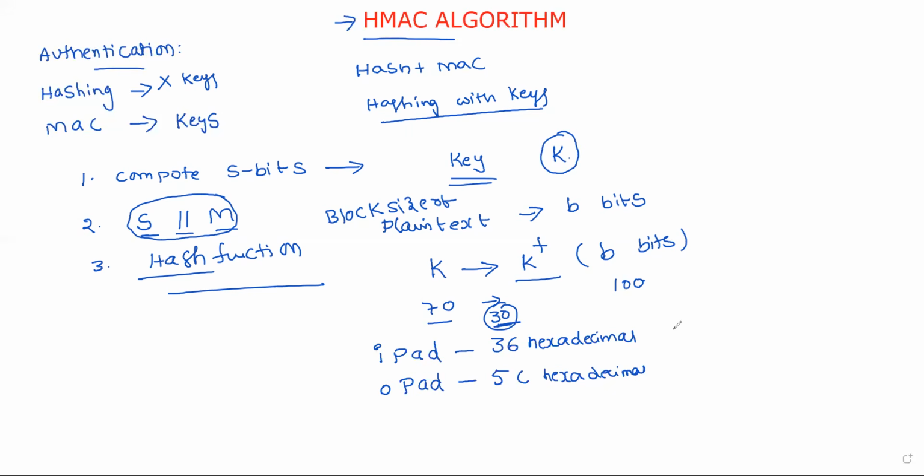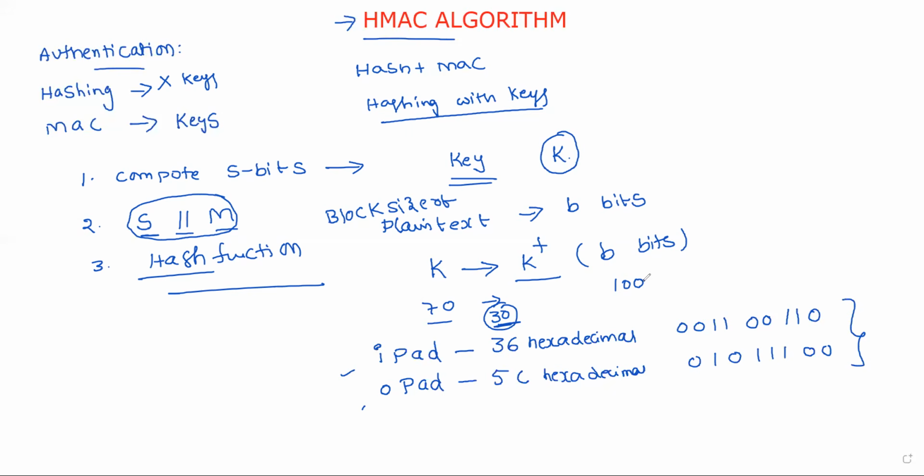For example, in binary representation, 36 is 00110110, and 5C is 01011100. This is the binary representation of the ipad and opad. So perform the padding operation on K until it becomes B bits.